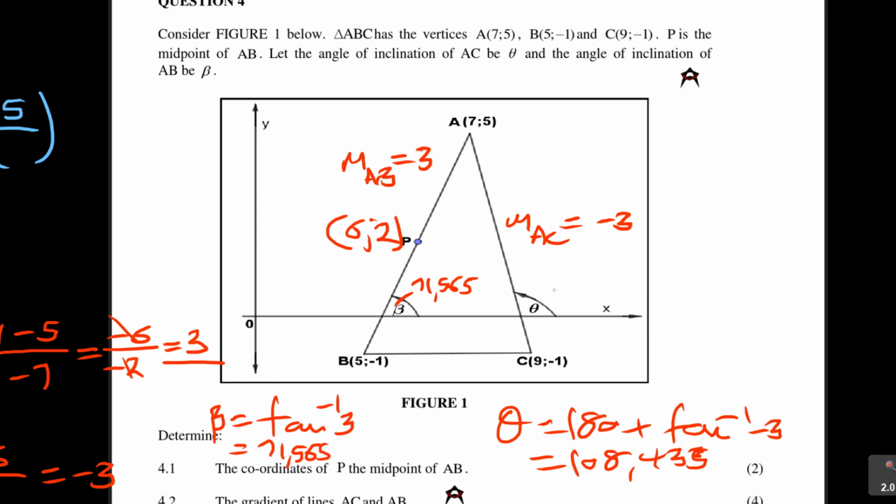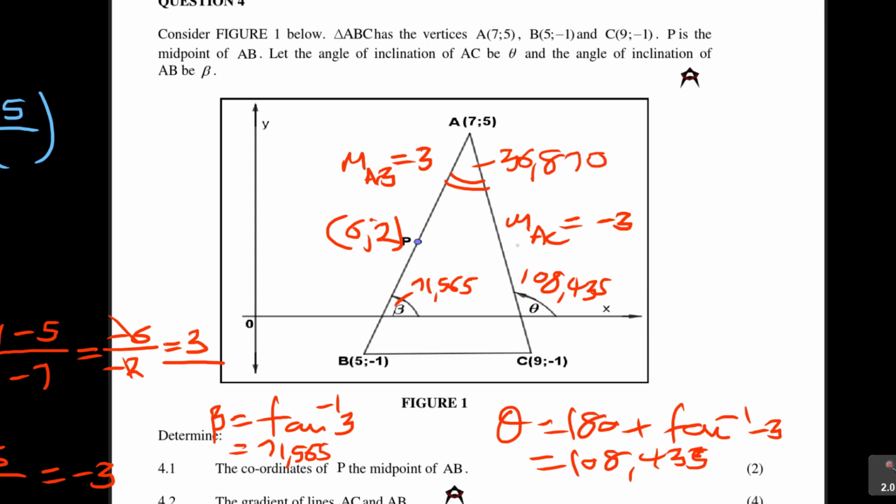So this angle is 108.435. Now we can find this one, which is just 108.435 minus 71.565, which is 36.870.